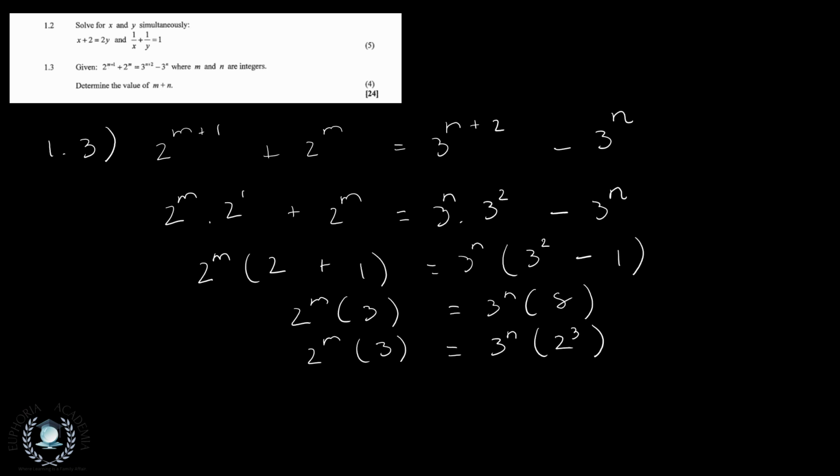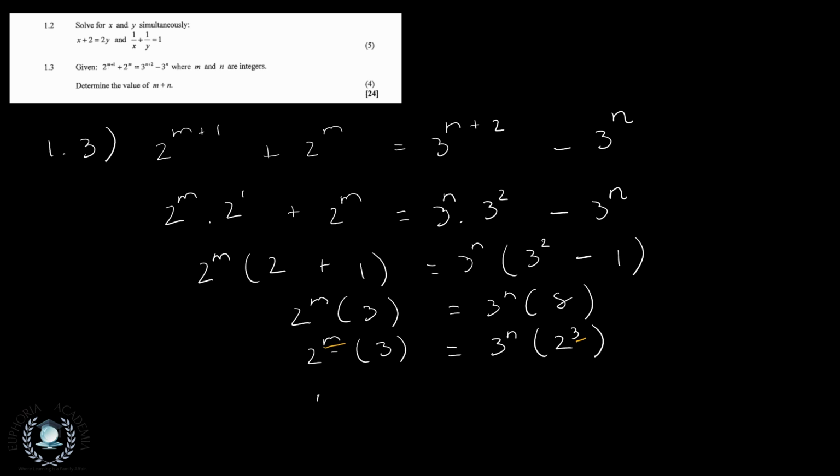So you can actually see that because we have a base of 2 this side, a base of 2 that side, a base of 3 this side, and a base of 3 that side, this exponent, the m, and this exponent, the 3, must be equal to each other, and likewise for the n.